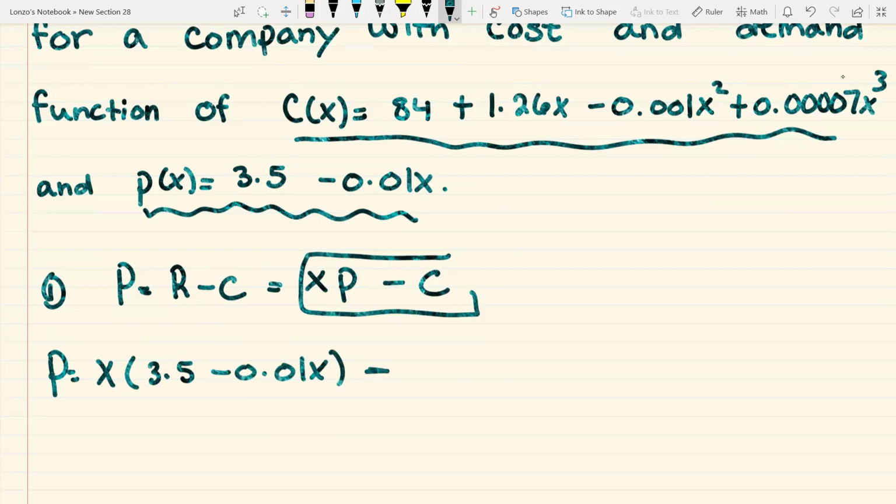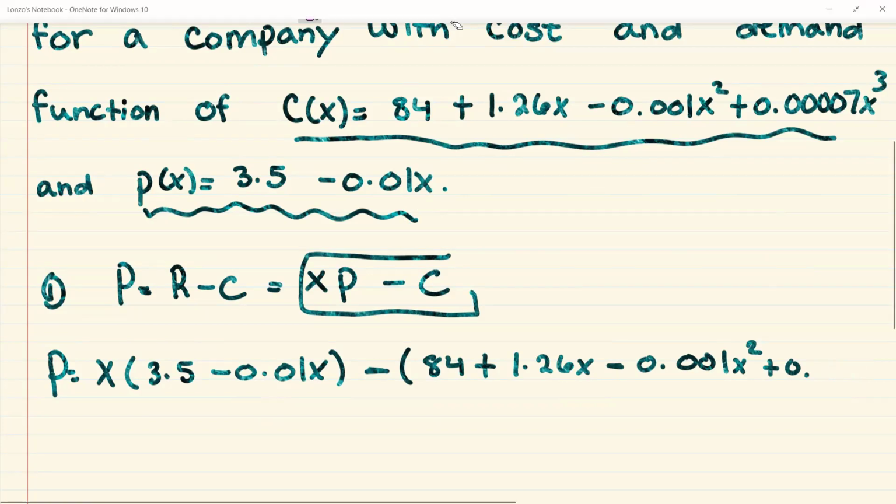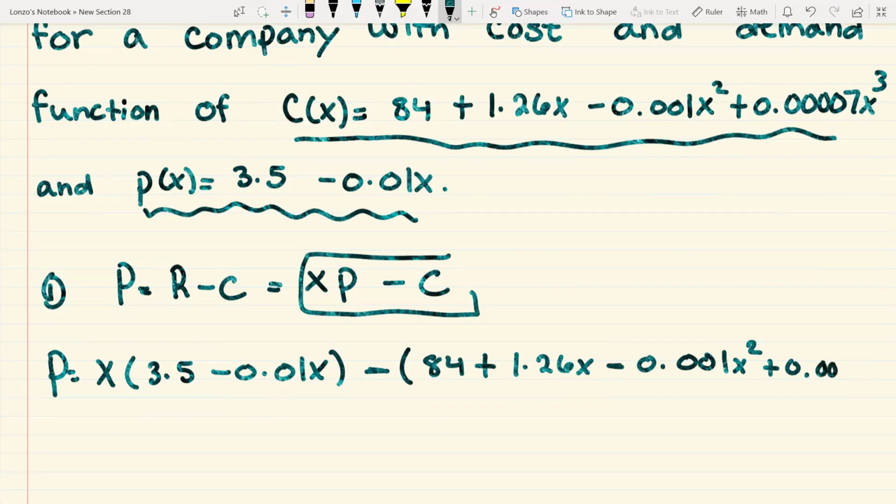Minus the cost function, which is, what is the cost function of this whole thing? And then subtract this, or actually, what should we do? I'm going to FOIL this X out.